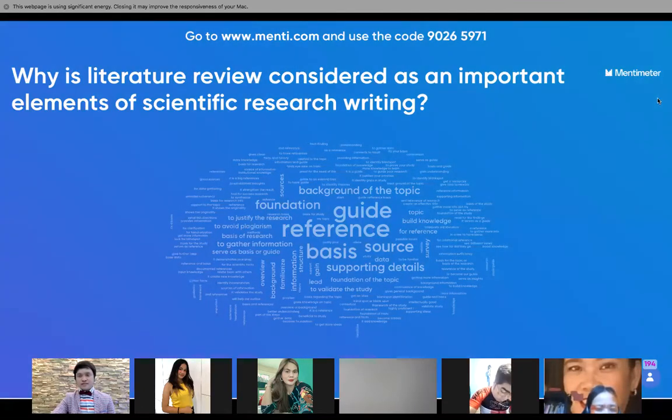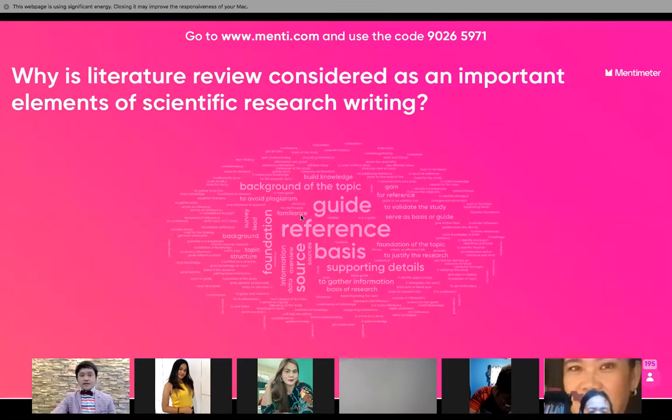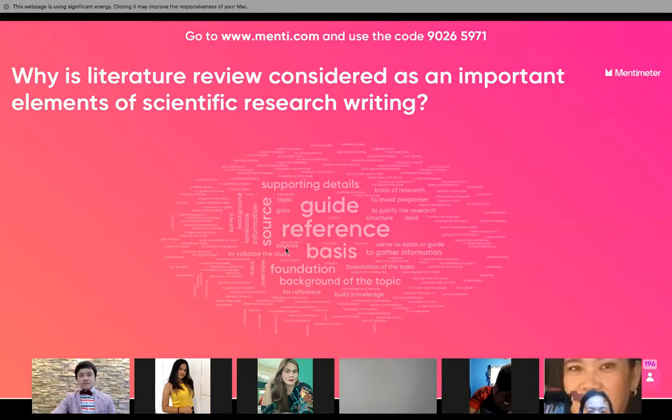Do you still remember that? About blind spot and blank spot? That you will only know that you are solving a blind spot or a blank spot after reviewing the literature, no? And it's also true that the literature is the foundation of your research paper. Without literature, you do not have a foundation for your research paper.